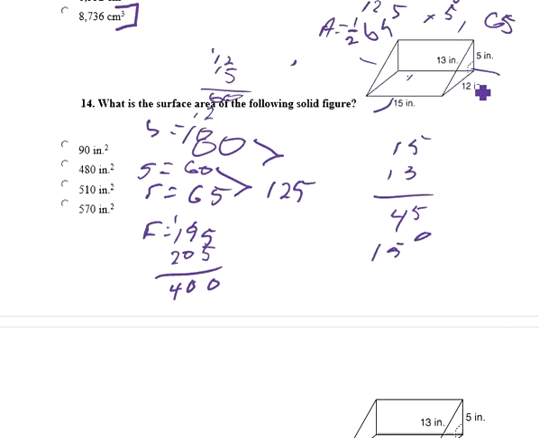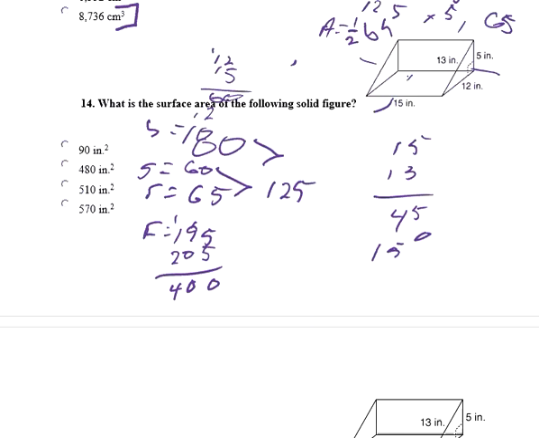I'm pretty sure that's 13. So 13 times 15, 5, carry a 1, 5, carry a 1, 45, 195. I got that.